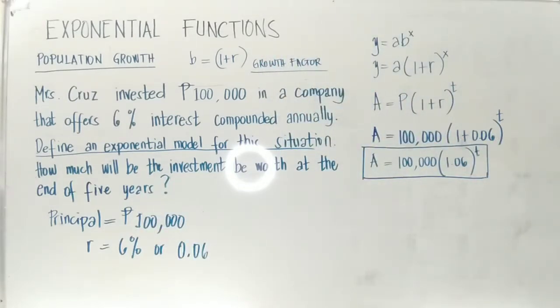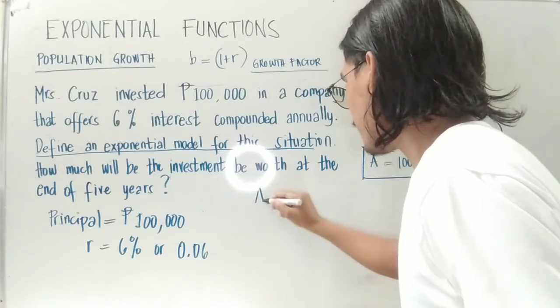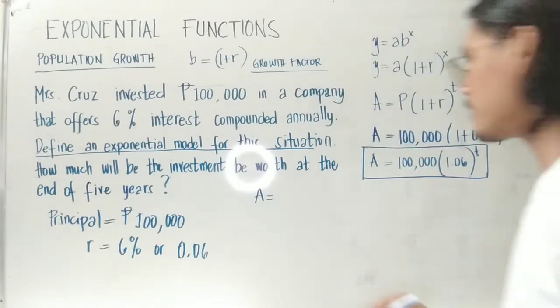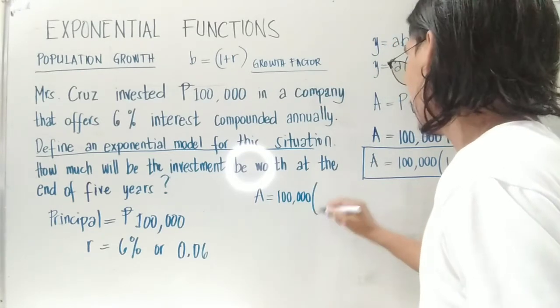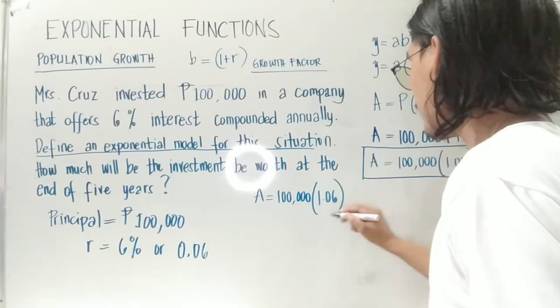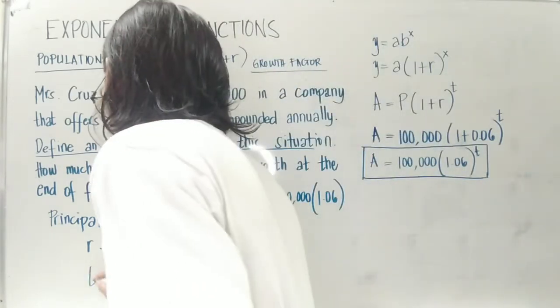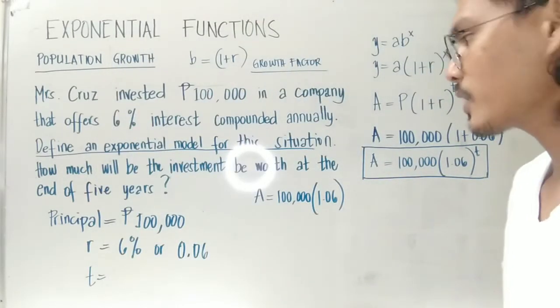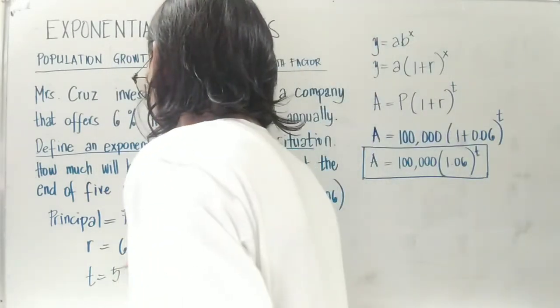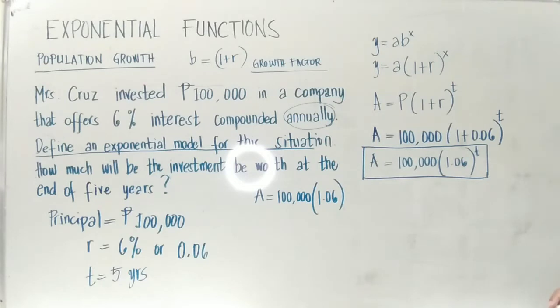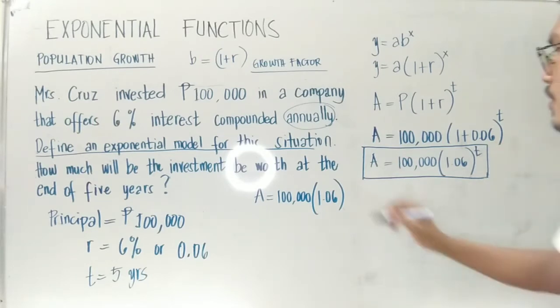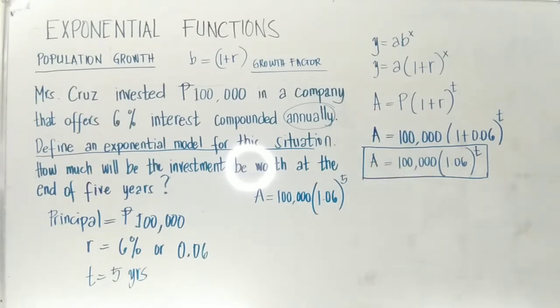Let's try this: A is equal to 100,000 times 1.06 raised to our given, which is 5 years for your T. It is compounded annually, so the exponent is T. You substitute T with 5 years and compute using your calculator.